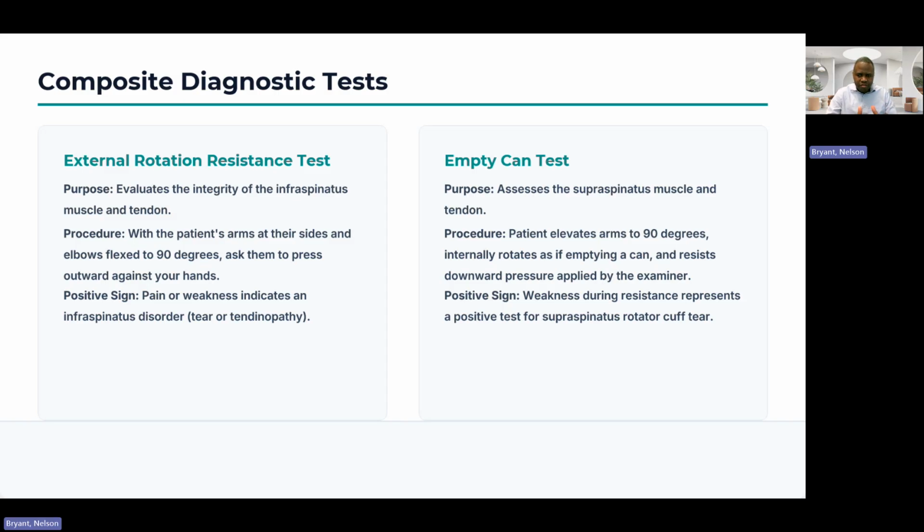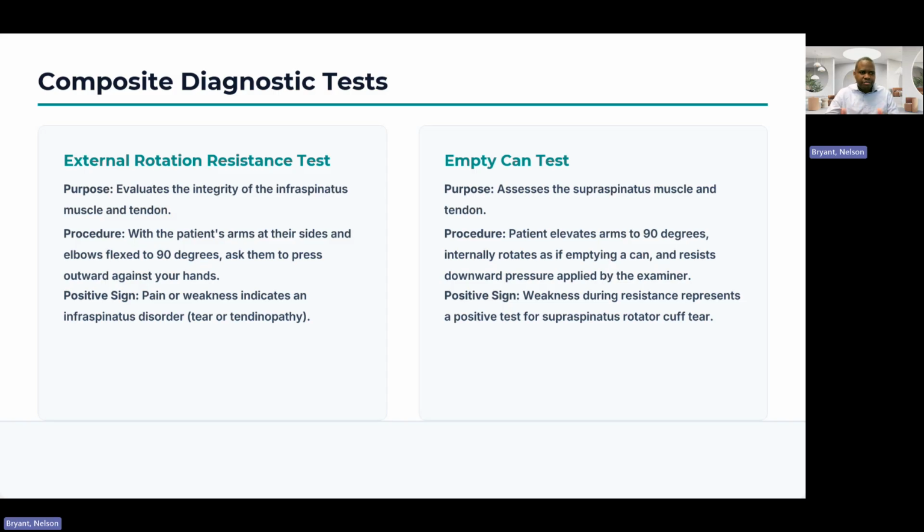You hold the arm at 90 degrees of abduction in the scapular plane with full internal rotation, and then the thumb is pointing down while you apply resisting pressure. Both tests are pivotal in diagnosing rotator cuff tears or tendinopathy.